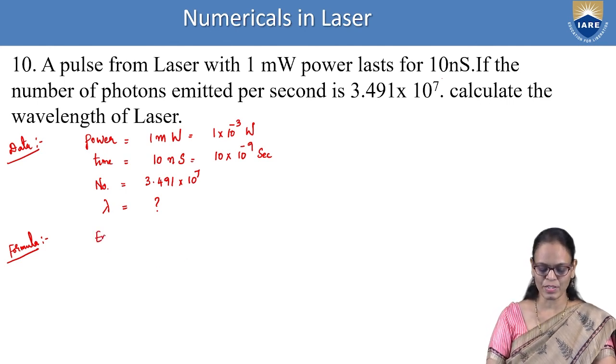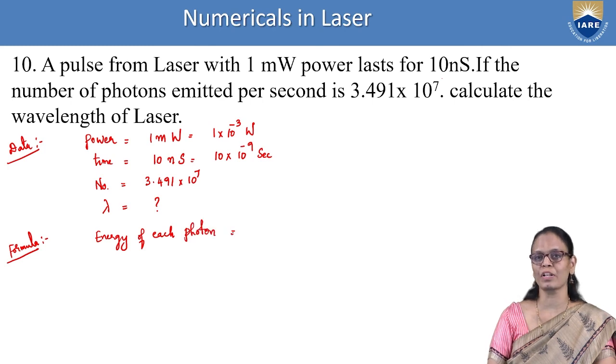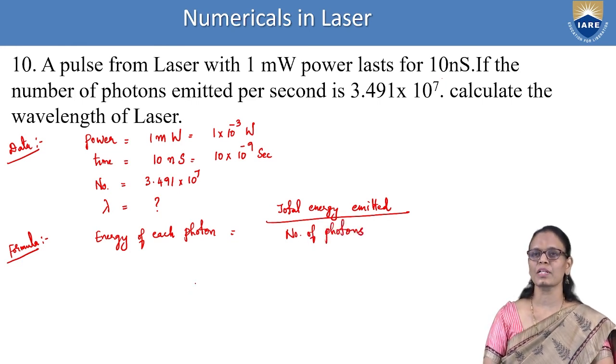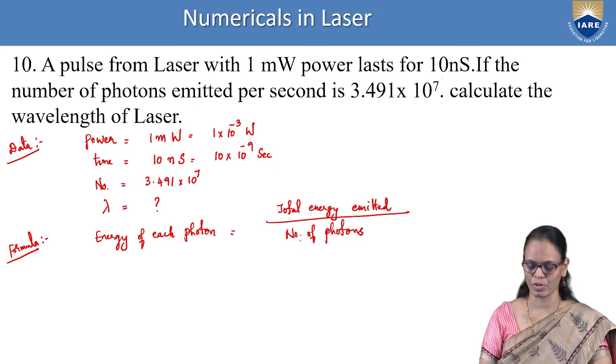So now, energy of each photon will be equal to total energy emitted upon the number of photons that are emitted. Total energy upon number of photons.